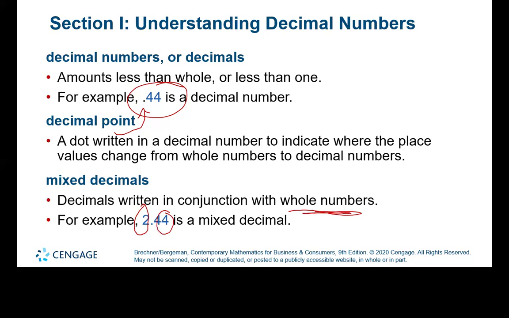So this is called a mixed decimal. Just like you have a mixed fraction. For example, 2 is the whole number and 3/4 is the fraction. So that's why you have mixed decimals and what we call mixed fractions. But in this section, we're only looking at decimals.